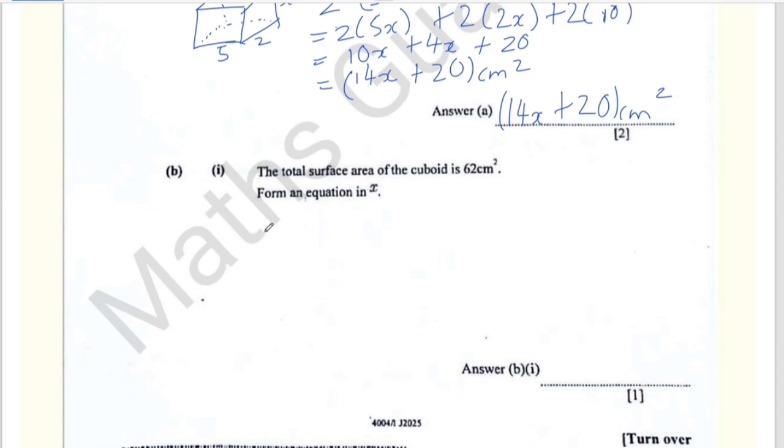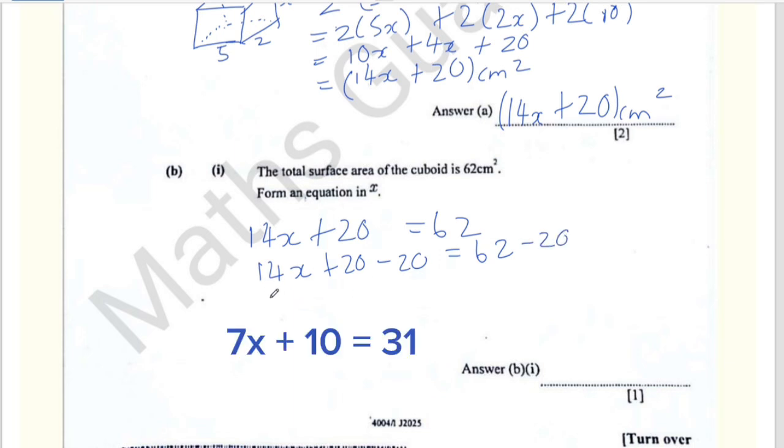And since it's only 1 mark, no need to do anything fancy. You can reduce to lowest terms, dividing all the numbers by 2, and then it will be 7x plus 10 is equal to 31.